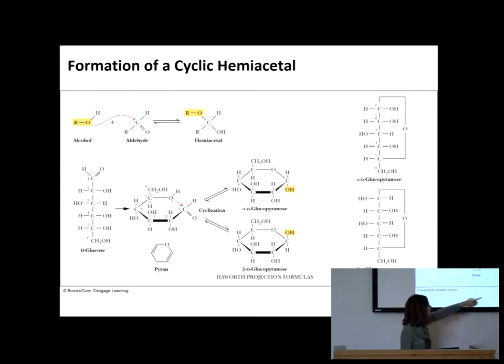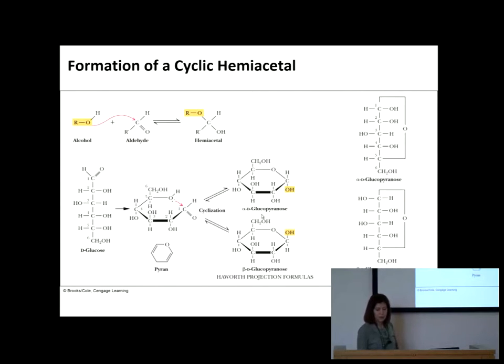It spends most of the time in the closed ring form, the cyclized form, but it does spend some time in the open chain form. That's why we have pretty much equal amounts of alpha and beta in a solution of glucose, and it can open and close and go back and forth. We're going to find out that in some structures you can only have the alpha glucose, and in other structures you can only have the beta glucose.